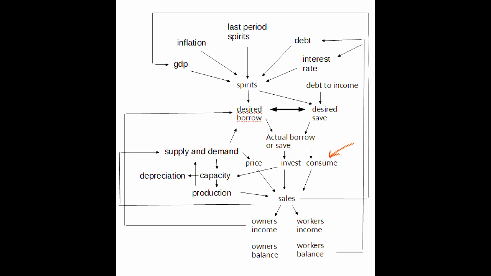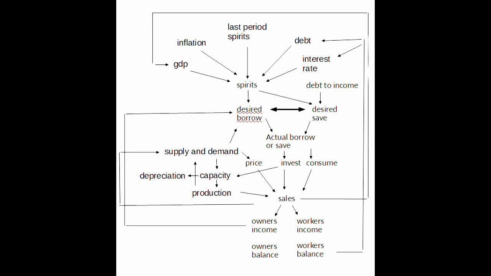For workers, it's entirely consumption spend. Now, the investment spend feeds into capacity, and that's also affected by levels of depreciation, and as the capacity changes, so does the amount we can produce this period. And finally, that production amount will feed back to update the supply and demand situation.